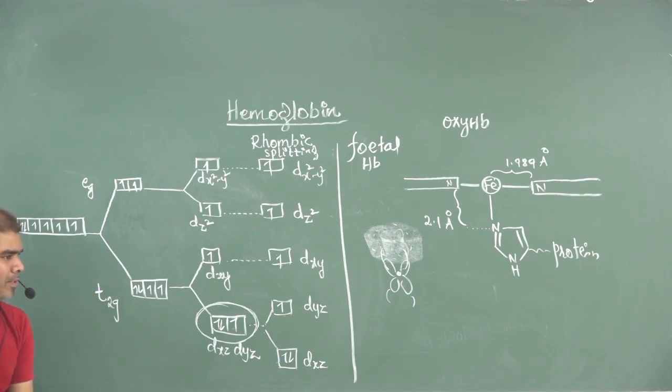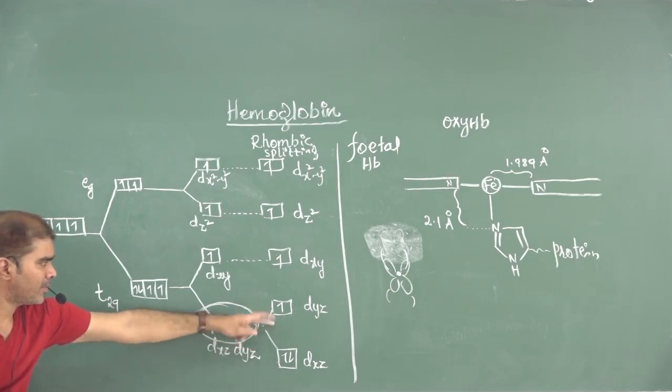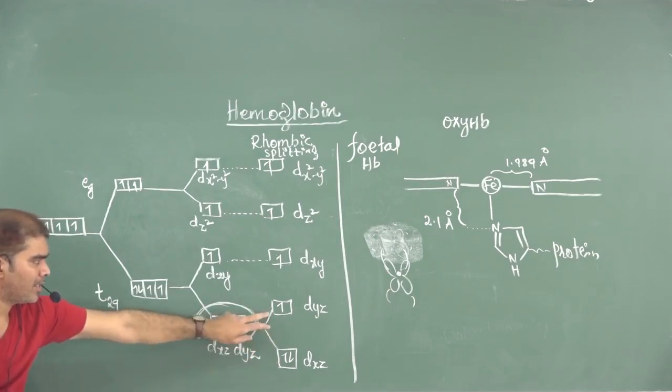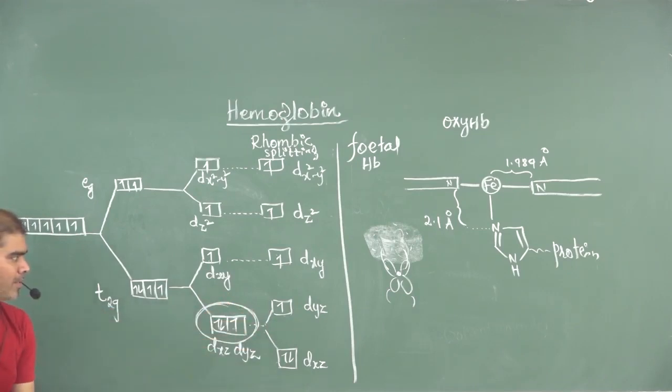You may write down that point once you draw the diagram. This could be xz or yz. Just you may write this as yz, xz, no problem. Only I have shown the splitting. So which one is below? It is exactly unknown.